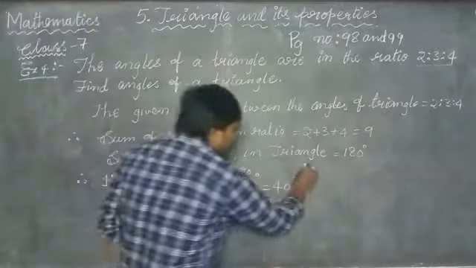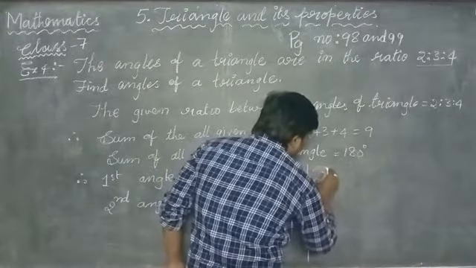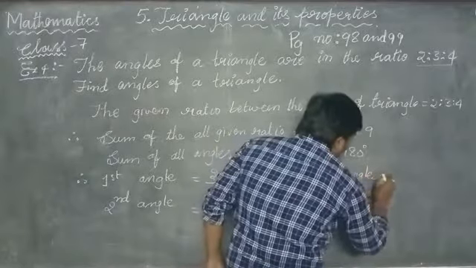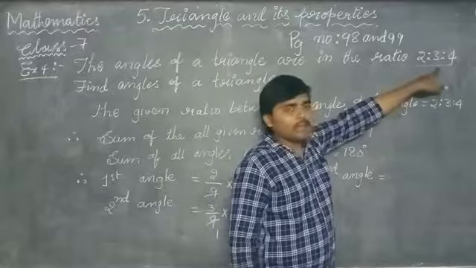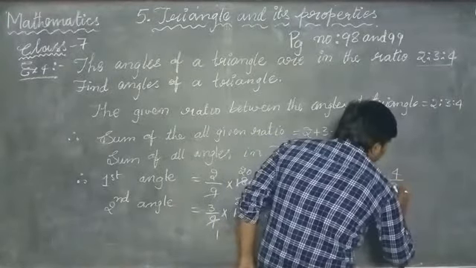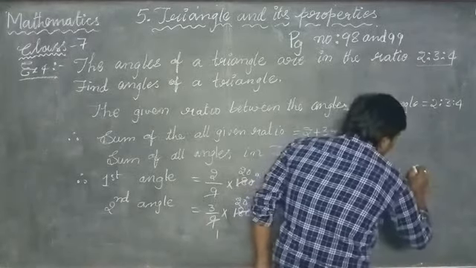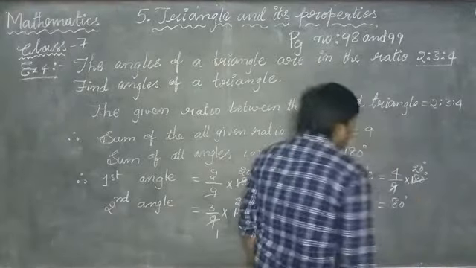Okay, now let us see the third angle. They have given 4 parts: 4 by 9 into 180 degrees. 20 degrees, it means 20 into 4, 80 degrees.